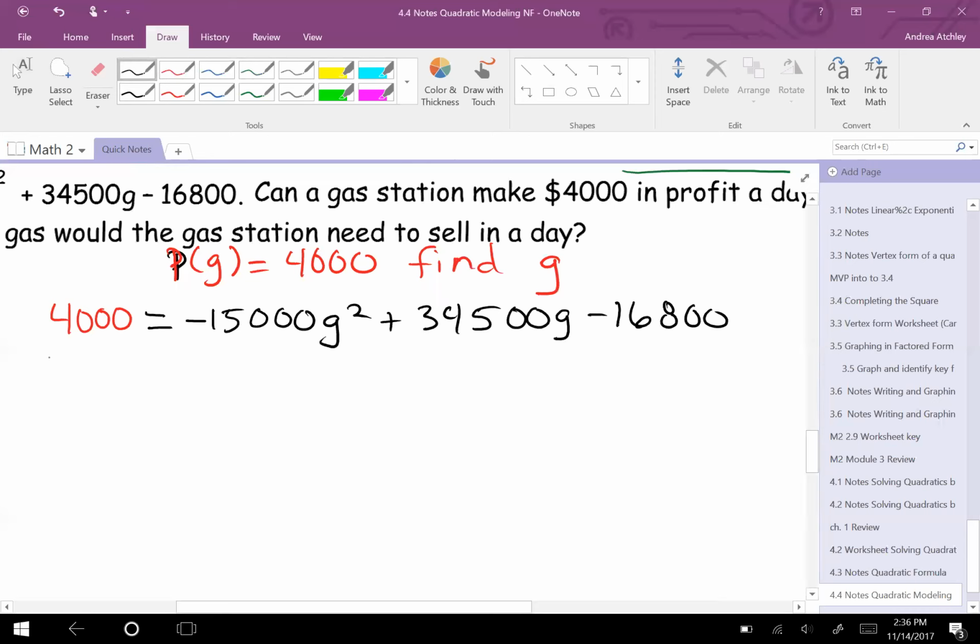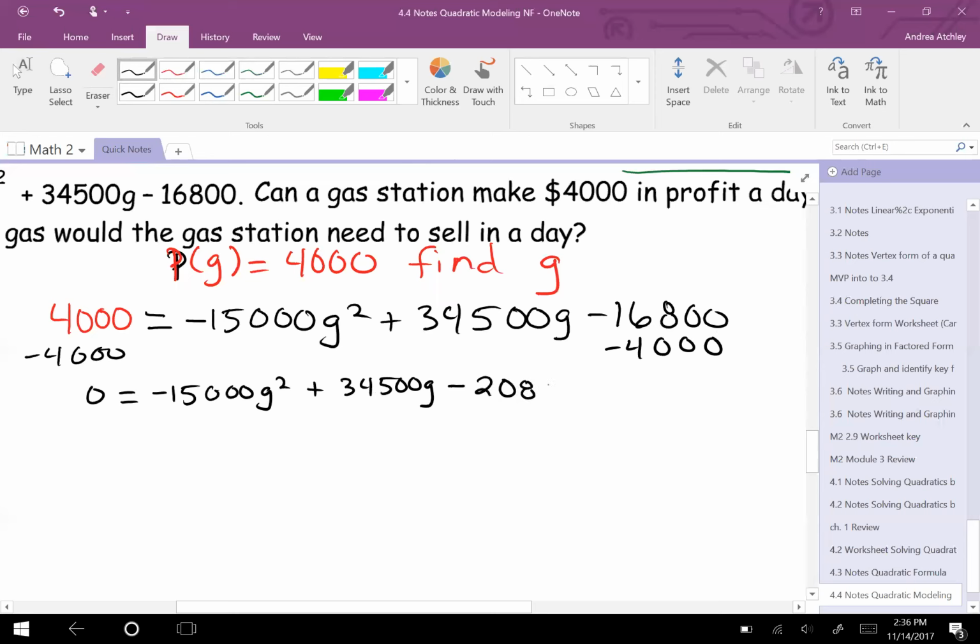So I have to subtract that 4,000. So I get 0 equals negative 15,000 G squared plus 34,500 G minus 20,800. Copy it down, please.